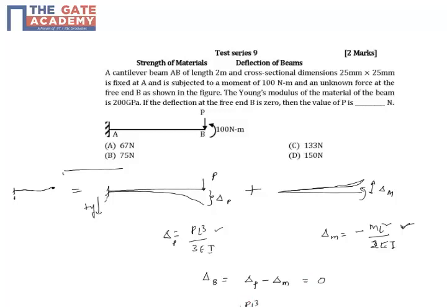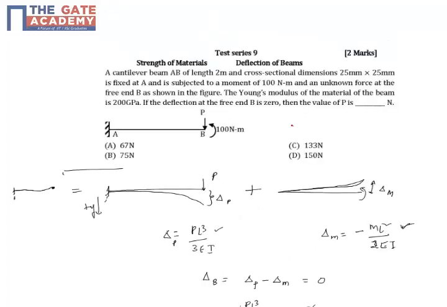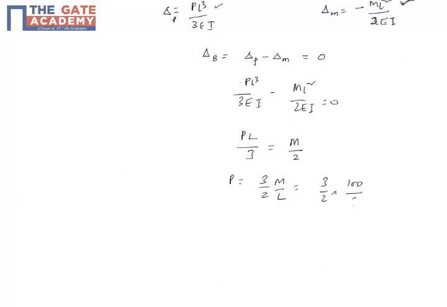So PL cubed by 3EI has to be equal to ML squared by 2EI, and when you balance it, EI gets cancelled, L squared gets cancelled, so P by 3 equals M by 2L, and we need to find P, so it's 3 by 2 M by L. Now M is 100, and L is 2 meters, so everything is in meter units.